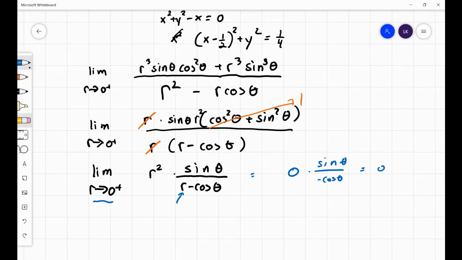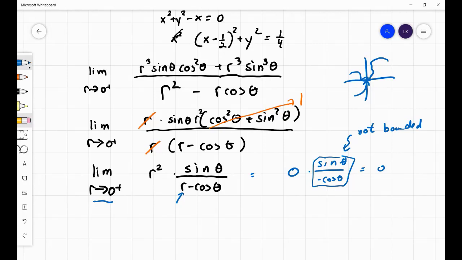But the problem is that this is not bounded. This could blow up to infinity. If you think of theta as your angle of approach towards the origin, depending on our angle of approach to the origin, maybe this expression is not finite, maybe it blows up.